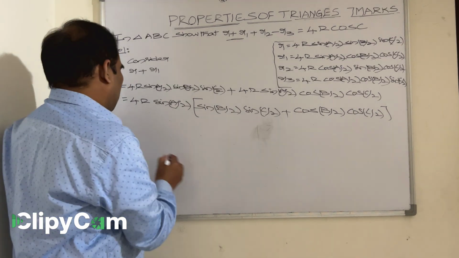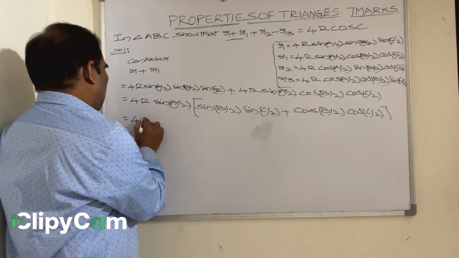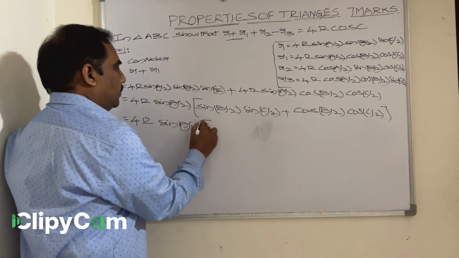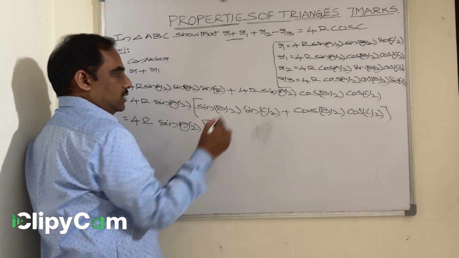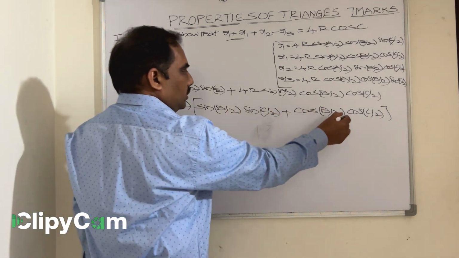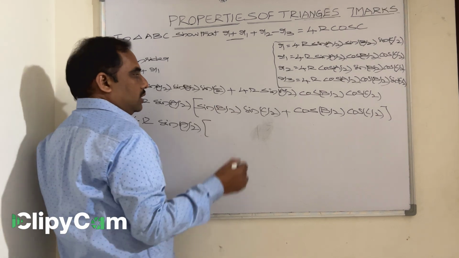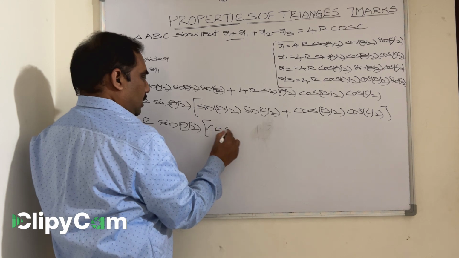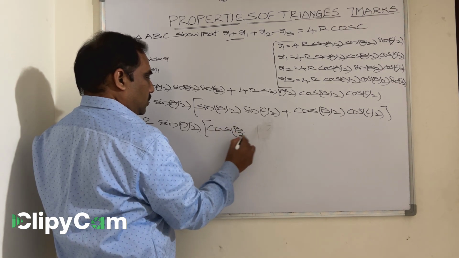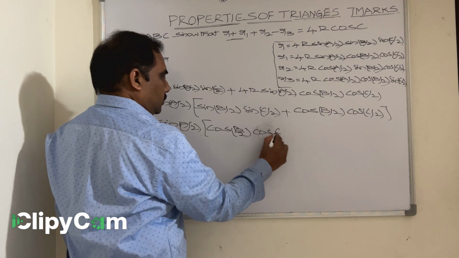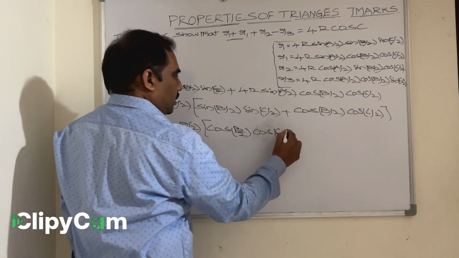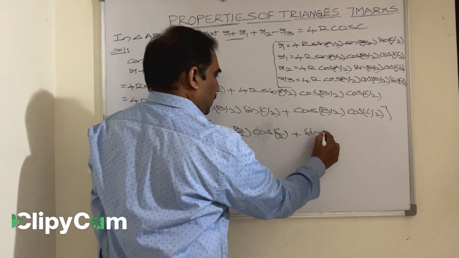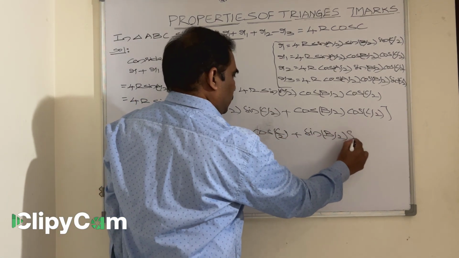For our convenience, I am rewriting it with the cos B by 2 cos C by 2 term first, plus the second term, sin B by 2 into sin C by 2.